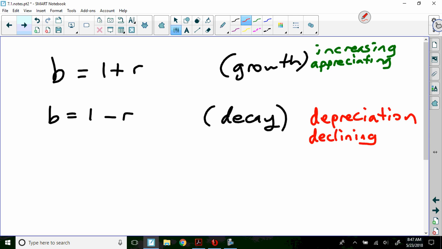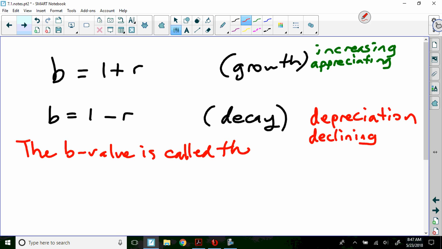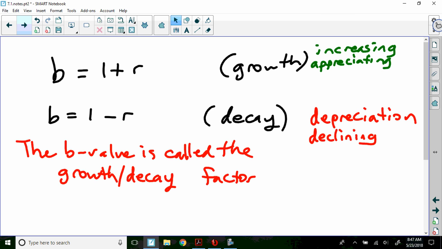So here's something new to add to your notes. The b value is also called the growth factor. Now sometimes it's the decay factor, so it's the growth or decay factor. So in the exercises tonight, they might tell you to identify the growth factor.